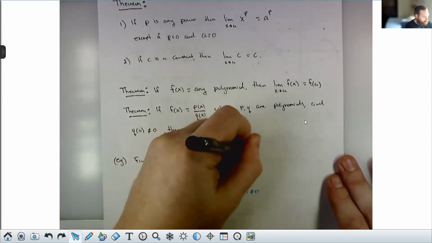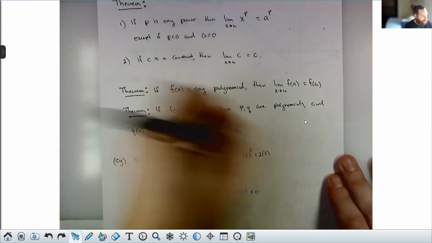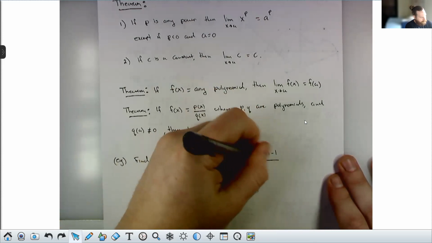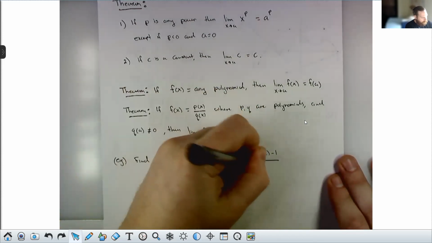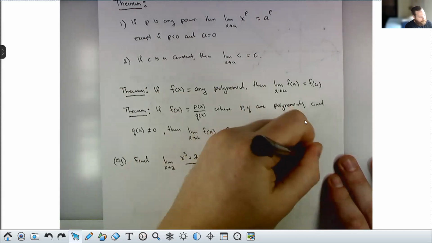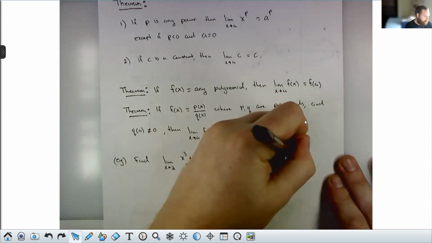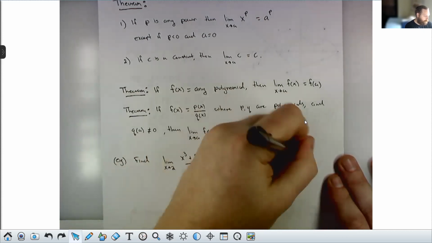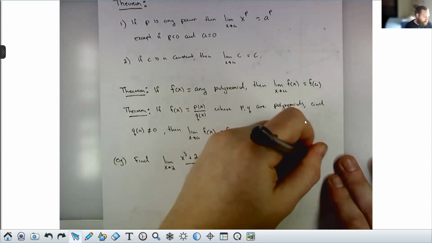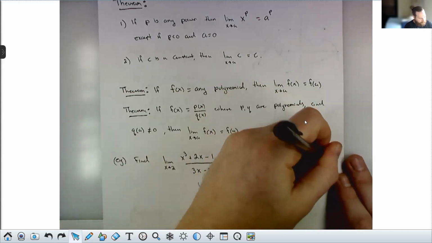So I'm going to get 2 cubed plus 2 times 2 minus 1 divided by 3 times 2 minus 2. Now that bottom we already calculated, that was 4. The numerator here is 8 plus 4 minus 1, which is 12 minus 1, which is 11. So this is 11 fourths.